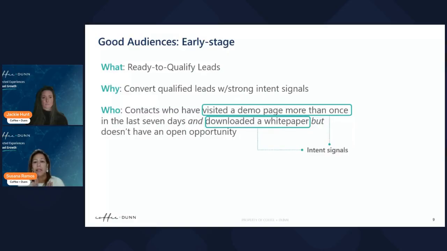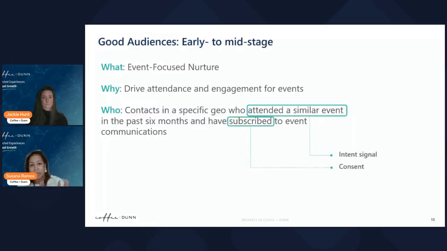All right, next example is a little bit more early to mid stage. So this one we're thinking about events, right? So think of an event focused kind of nurture campaign that we want to put together. Goal's pretty simple. We want to be able to drive attendance or engagement for this particular channel.